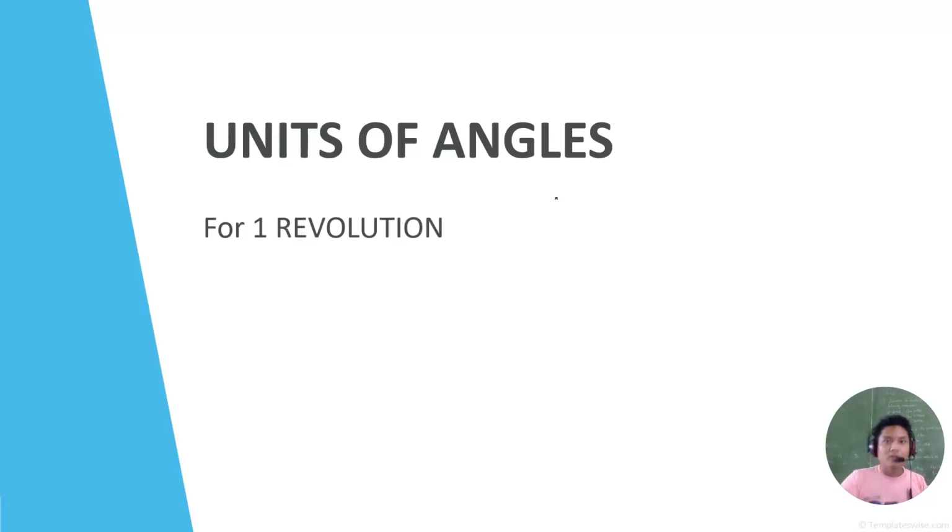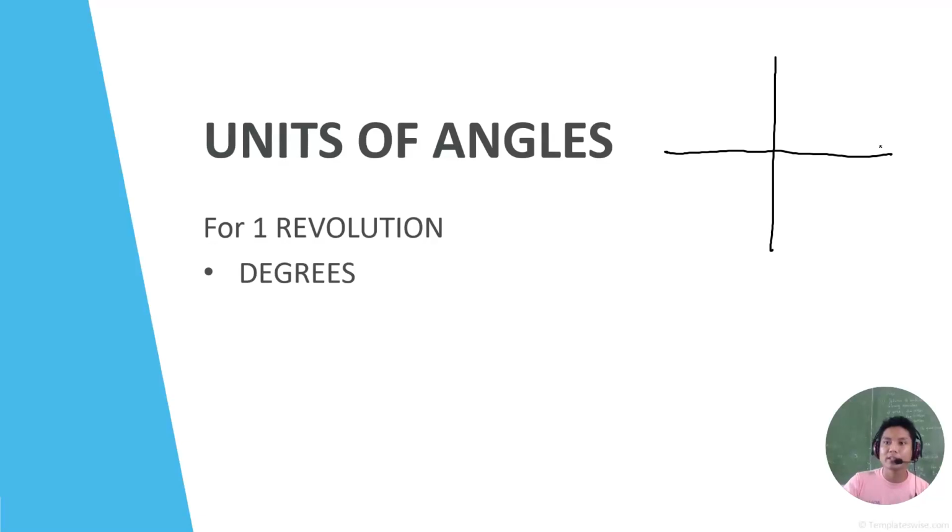So, let's take a look at the unit conversion factors that we can use in converting some angles. So, for 1 revolution of angle, if this is the Cartesian plane, ang angle sinusukat siya depende dun sa reference direction mo papunta dun sa another direction.